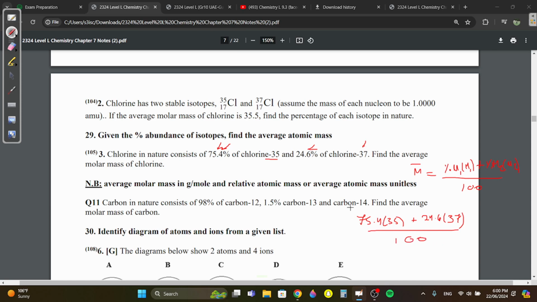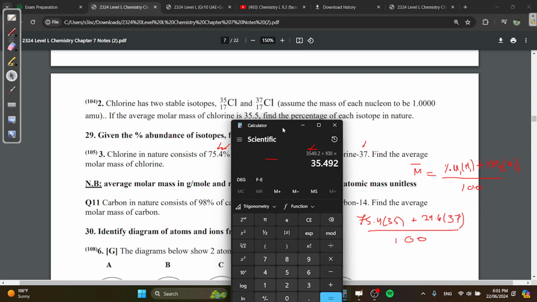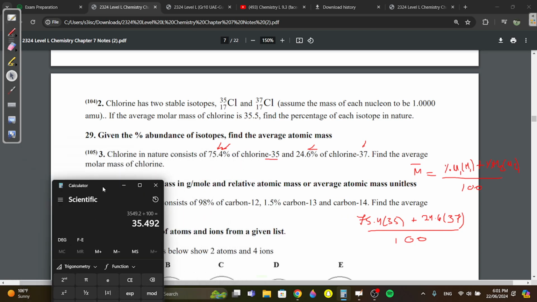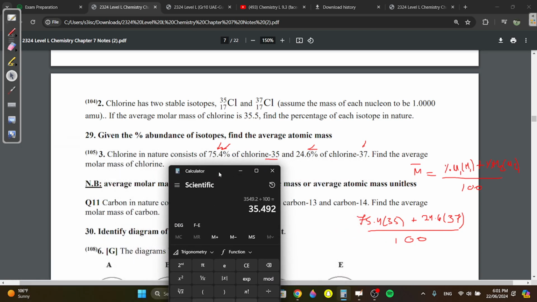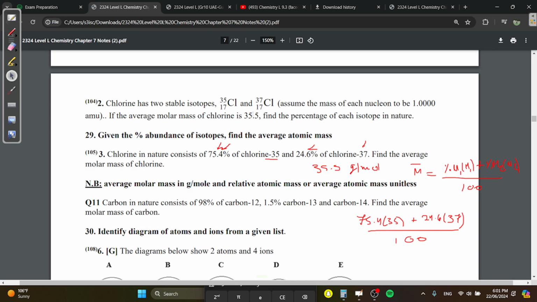Let's put this on a calculator. 75.4 times 35 plus 24.6 times 37 divided by 100. You get this. Find the average molar mass. Let's put it to 3 significant figures. It would be 35.5, and the unit for it is g/mol, grams per mol. You can put it without, it doesn't matter.